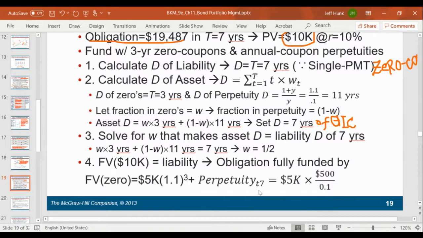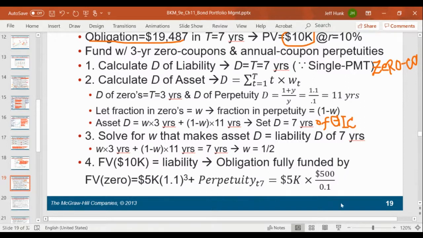True, but it's the present value in year 7, because at that point the value of the perpetuity is calculated at year 7, with the future cash flows.